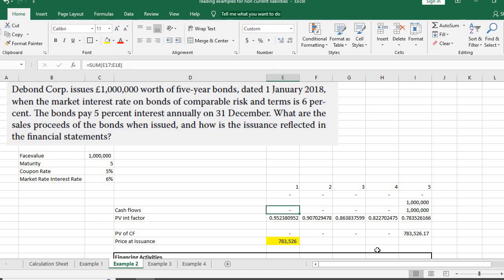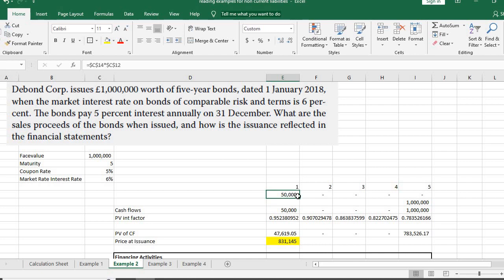We're going to determine our cash flows. The cash flows are a coupon rate of 5% and a face value of £1 million.